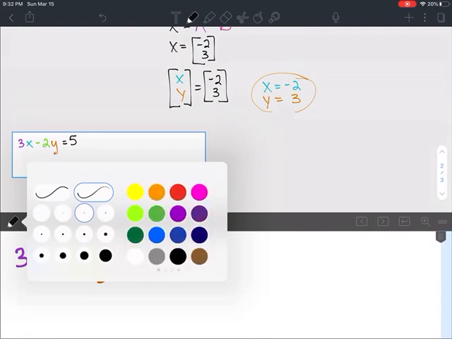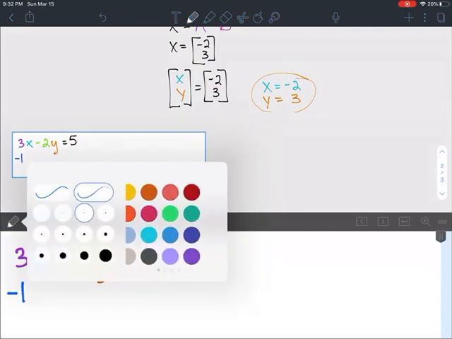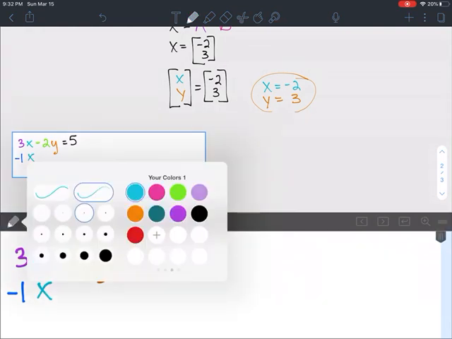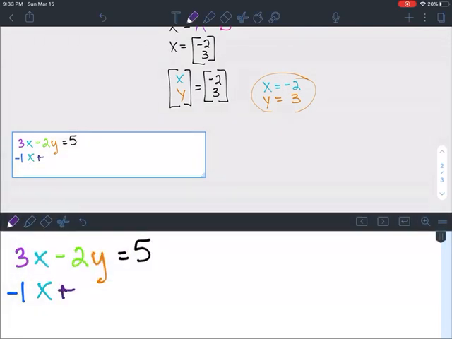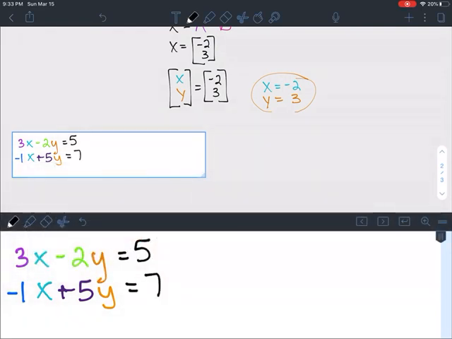And then negative 1x plus 5y equals 7. So there's my system of equations: 3x minus 2y equals 5, and negative 1x plus 5y equals 7.